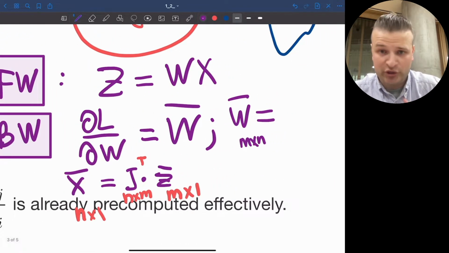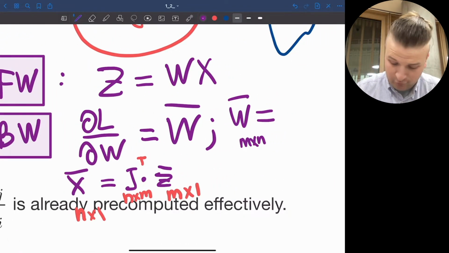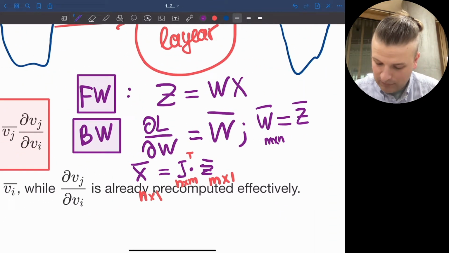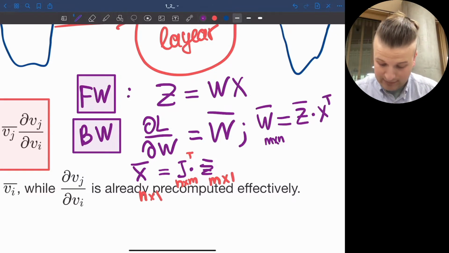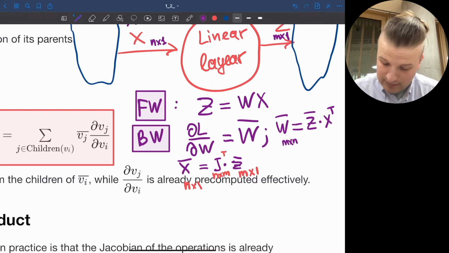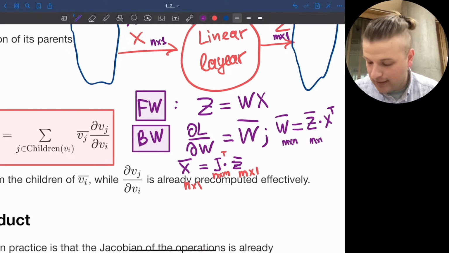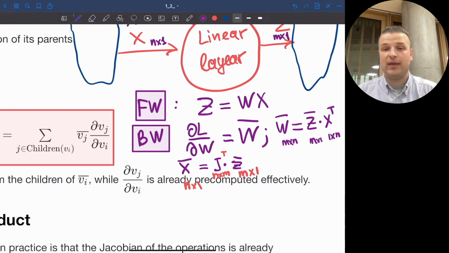You can ask me a question about it, but still, that's the correct formula actually. That's z bar times x transposed. Let's again verify it. M times 1, 1 times n. That's it, that's correct.